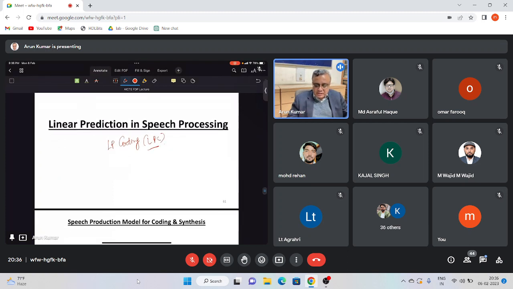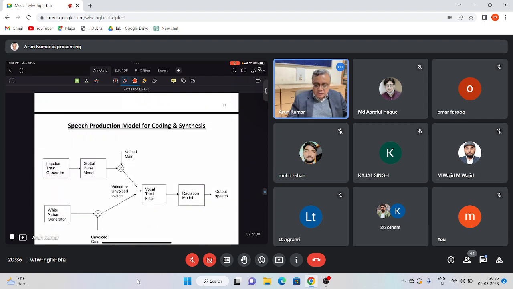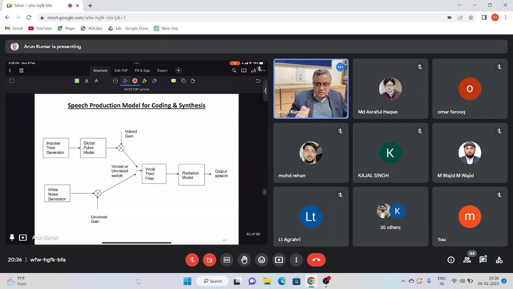And we will see why it is important. So we have looked at whether the speech signal is present or absent, or whether a segment is voiced or unvoiced. From the previous analysis, one can do it fairly accurately.